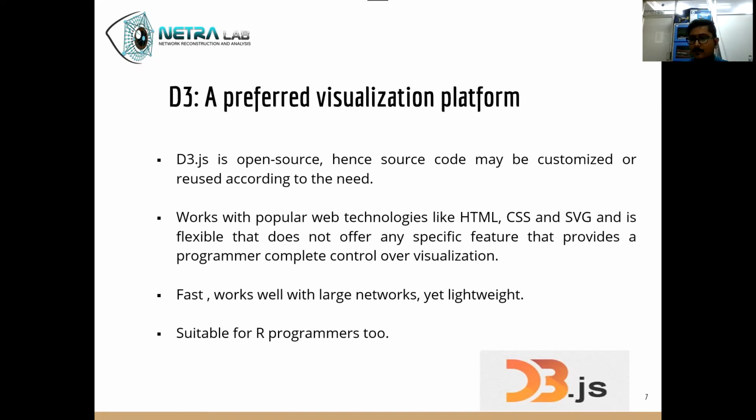It works well with large graphs, large networks. It's lightweight. It's also suitable for R programmers too, as good R wrapper libraries like NetworkD3 are available for D3.js, which can render and visualize large, complex networks in a more effective way.